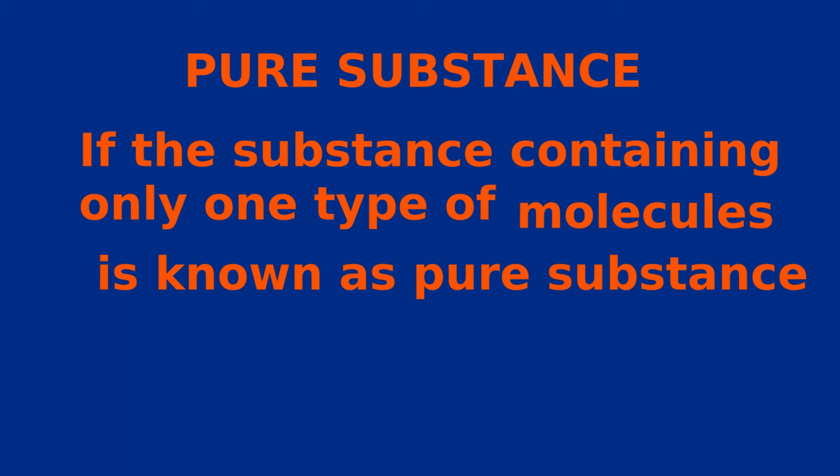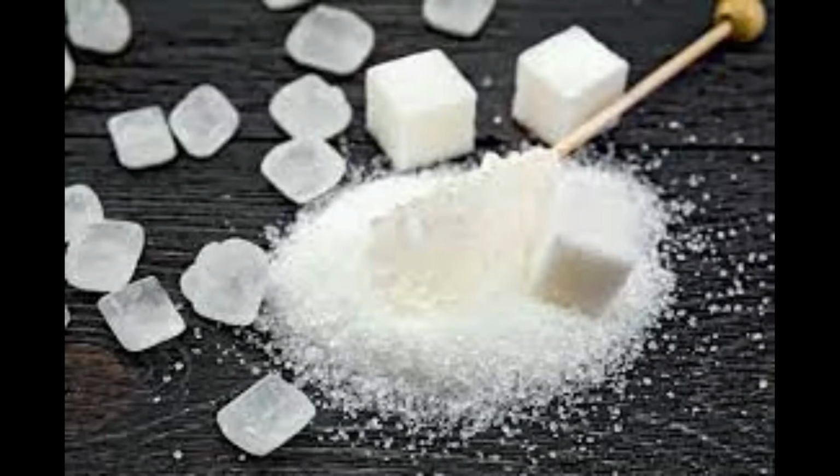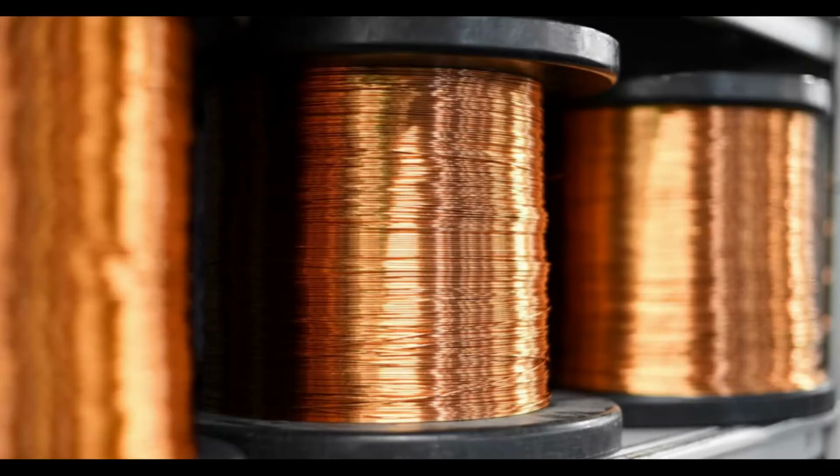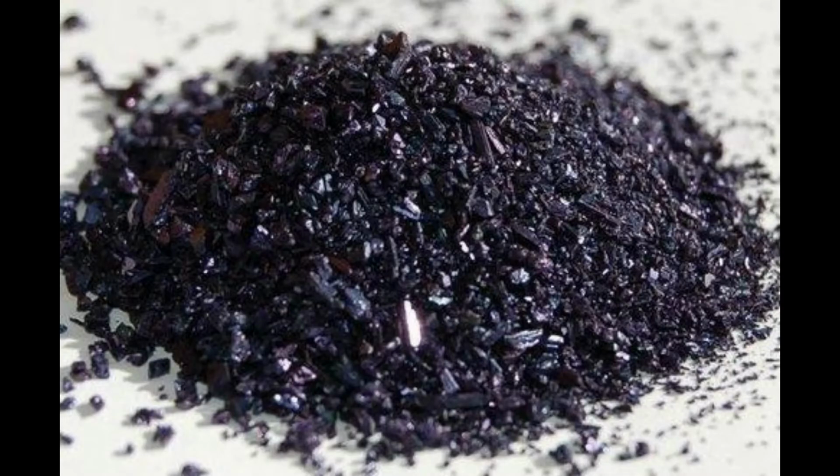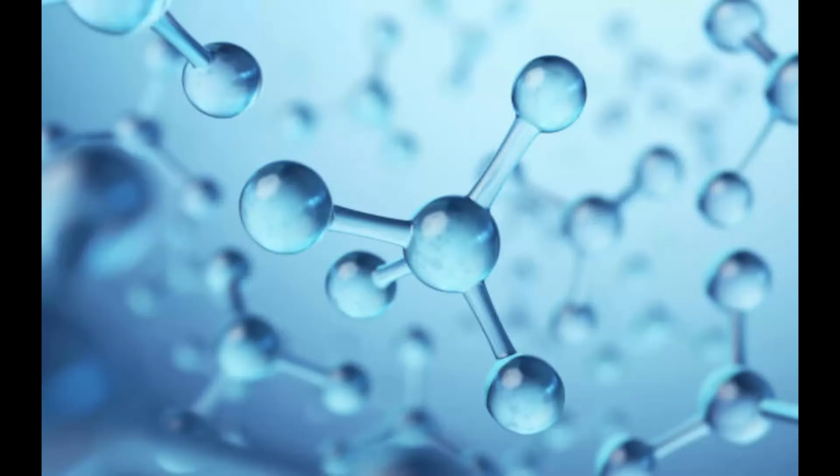For example, salt. Salt is made up of salt molecules. Sugar is made up of sugar molecules. Copper is made up of copper molecules. Aluminium is made up of aluminium molecules. Potassium permanganate is made up of molecules of potassium permanganate.